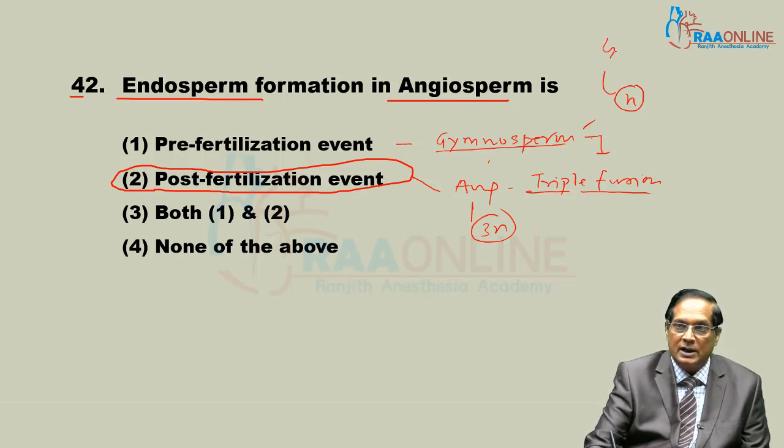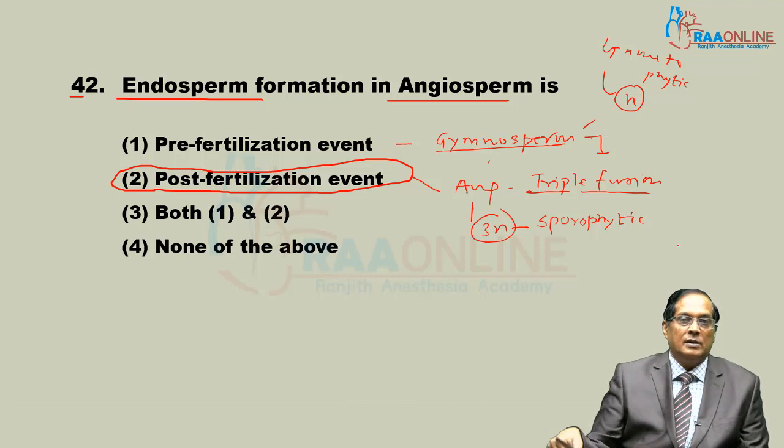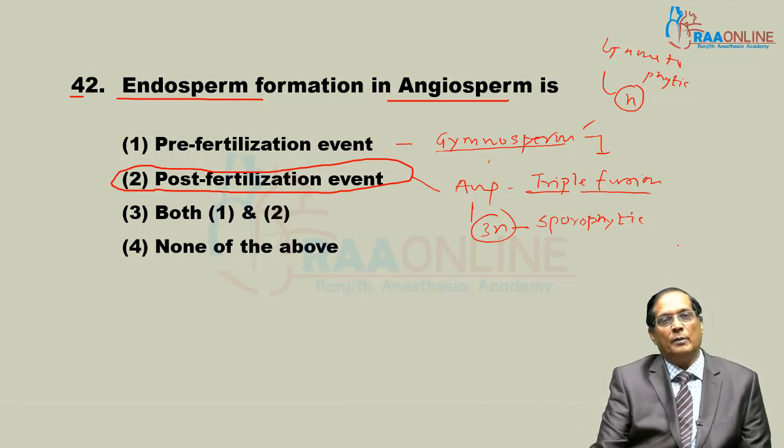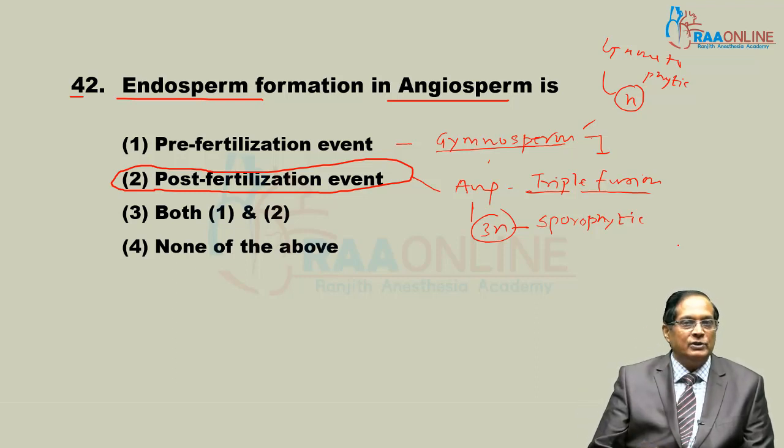In gymnosperm it is gametophytic tissue, whereas in angiosperm it is sporophytic tissue, because in gymnosperm it develops at the time of the formation of the female gametophyte and is a part of it. Functionally they are the same, both provide nourishment to the developing embryo, but in structure, development and ploidy they are different.